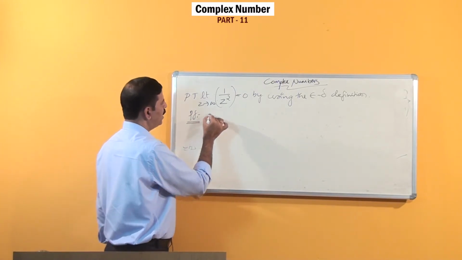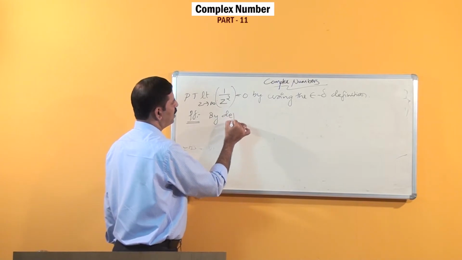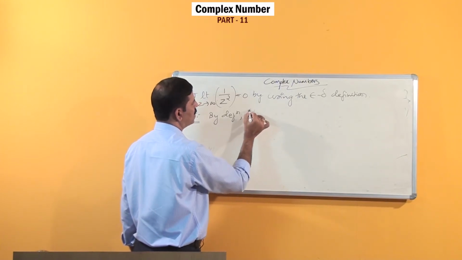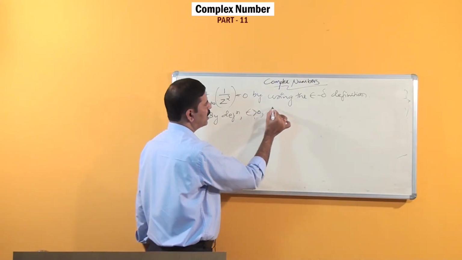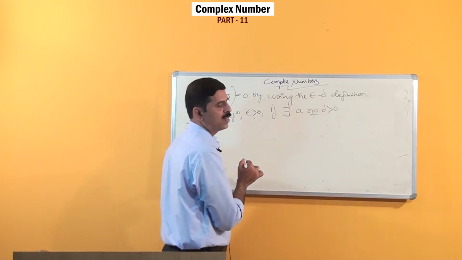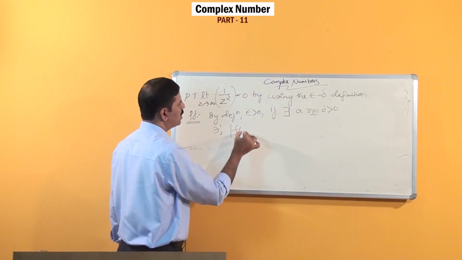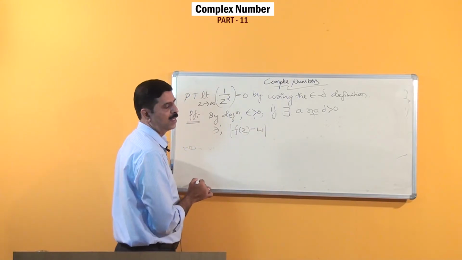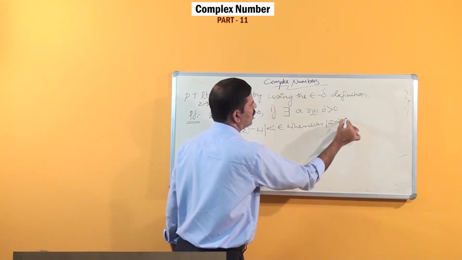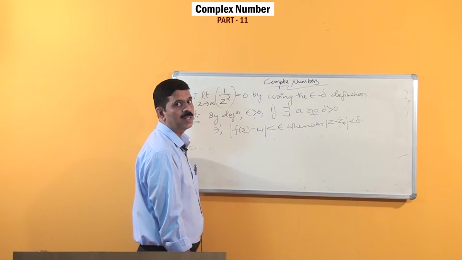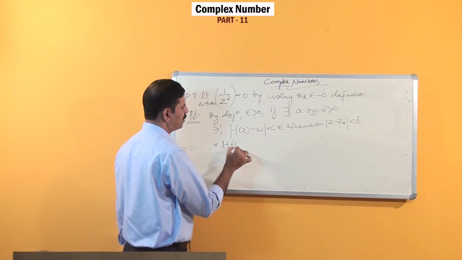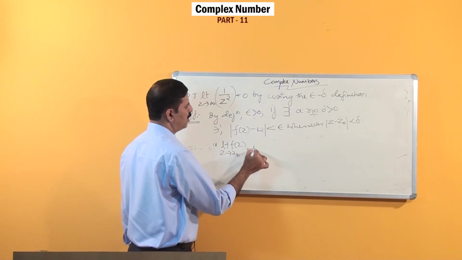By the definition, we know that for a given function and a given epsilon greater than 0, if there exists a number delta greater than 0 such that modulus of f of z minus w is less than epsilon when mod z minus z naught is less than delta, that is nothing but the limit of f of z as z tends to z naught is equal to w.